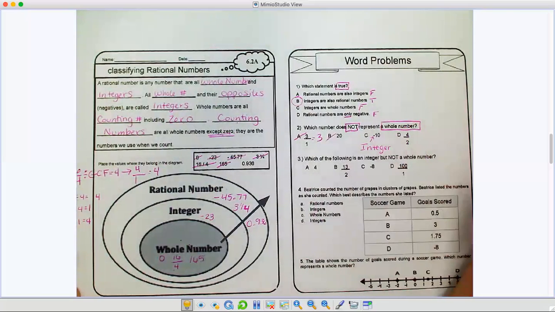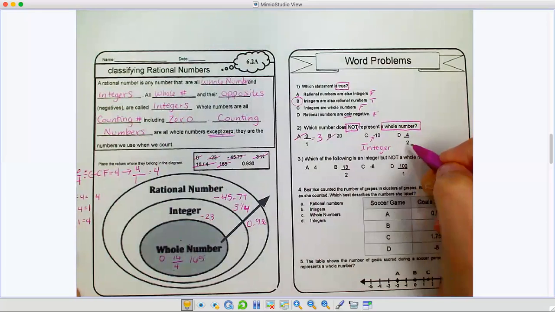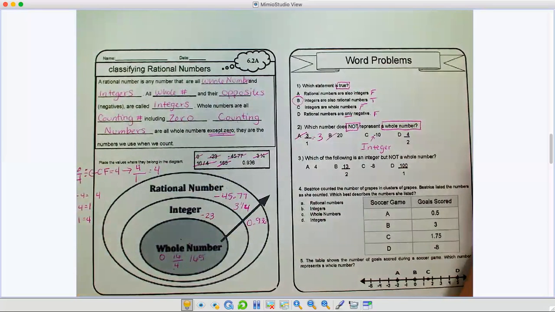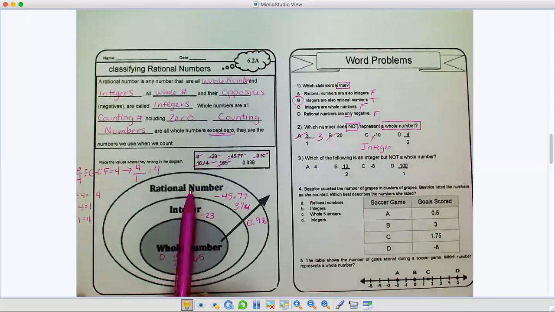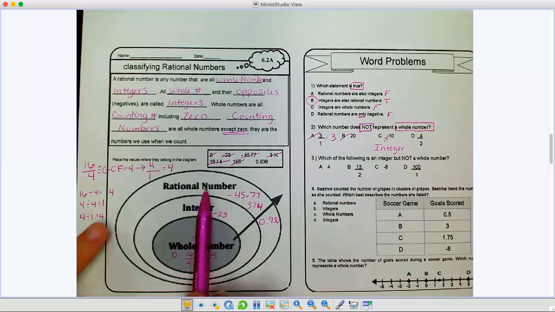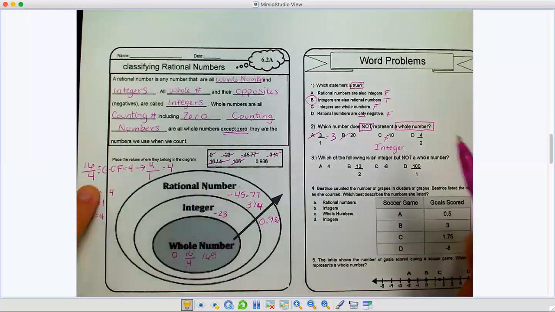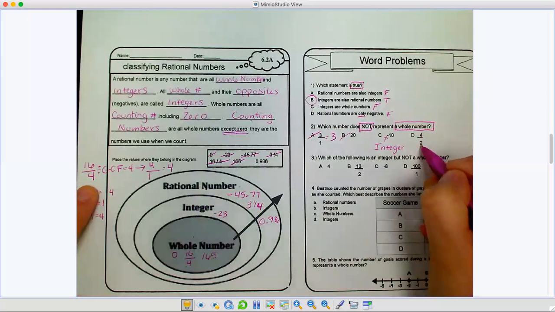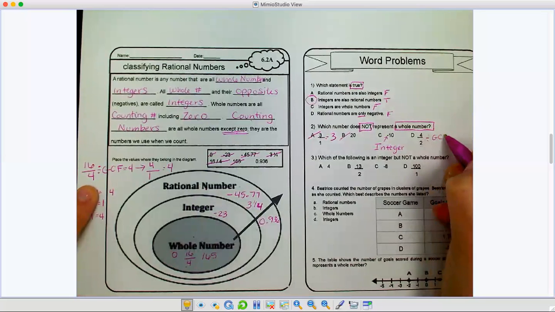Okay? Let me prove that D is also not your answer, just to double check our answer before I circle C. 4/2 is a fraction, which means it's a rational number. But we learned with 16/4 that we must check all fractions. So 4/2, I'm going to divide by the GCF.